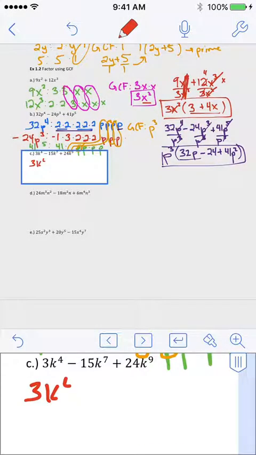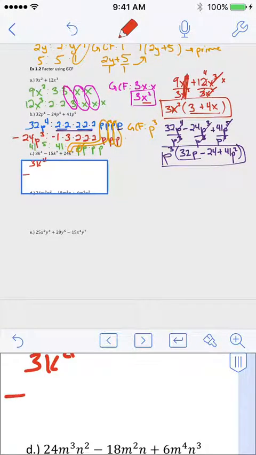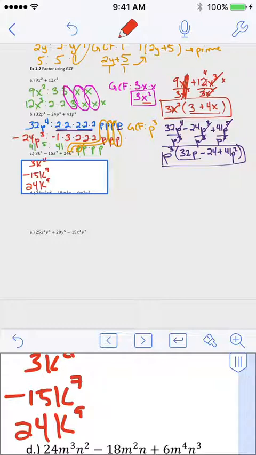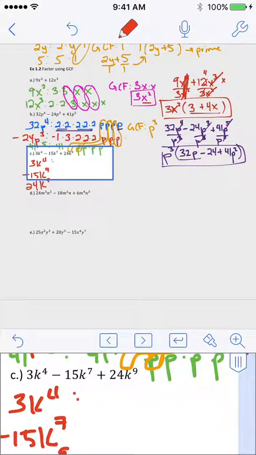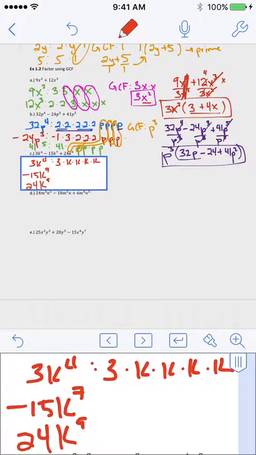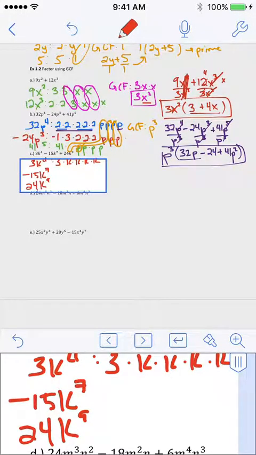We got 3k to the 4th minus 15k to the 7th and 24k to the 9th. Okay, luckily 3 is already prime, so that just breaks down to 3. And I have 4k's. The 15 was negative, so I'll start by making it a positive by taking out the negative 1. And 15 breaks into 3 and 5, both prime, so I don't have to do it anymore.